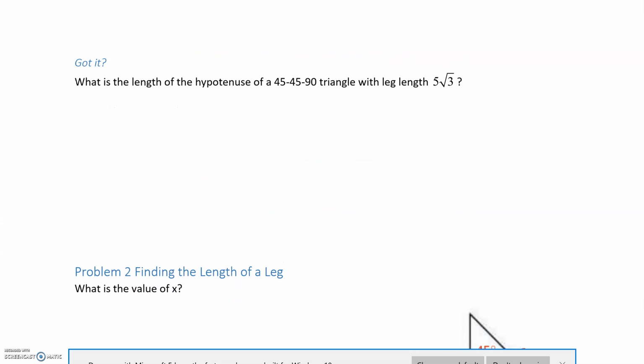So for this one, I'm going to draw it. I'm going to have a right triangle that looks something like this, and these are both 45-degree angles right here. It says the leg length of the triangle is 5 square roots of 3, and we want to know the hypotenuse.